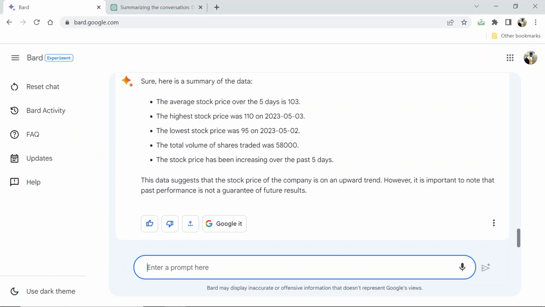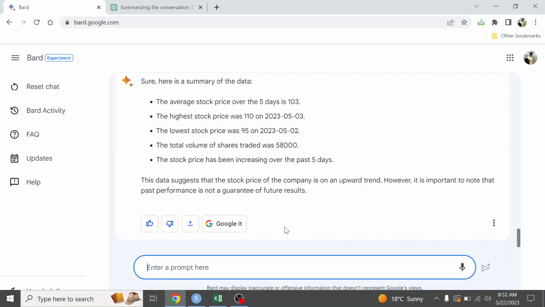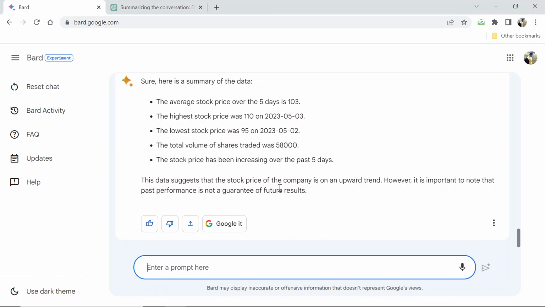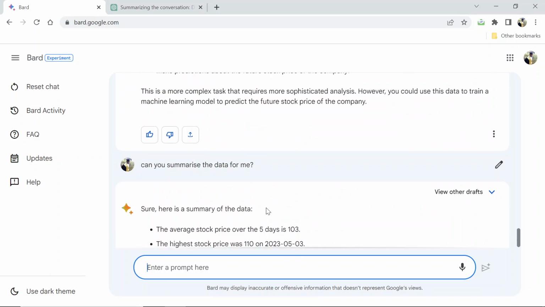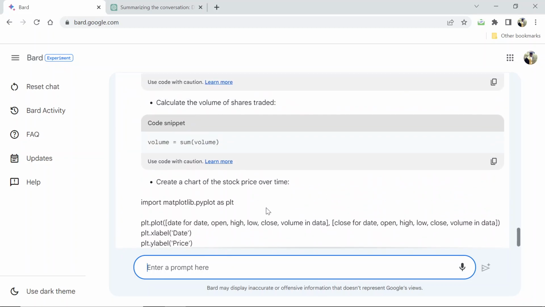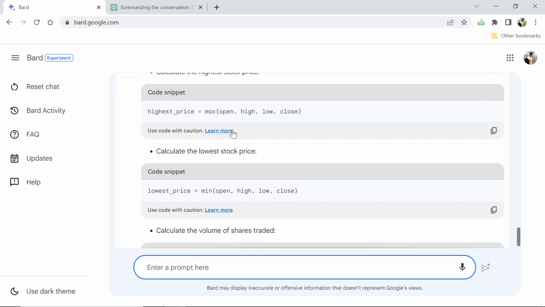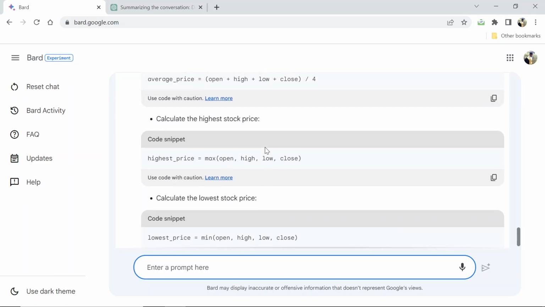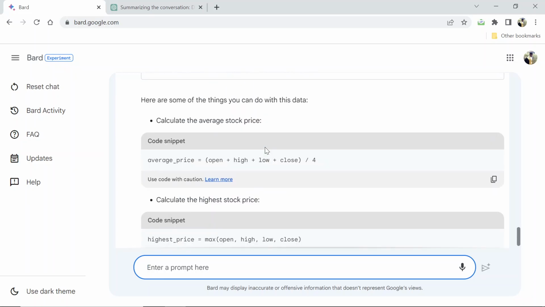Let me just stop here. What I wanted to show you is these chatbots can help you a lot, but you are not going to believe everything they give you, as sometimes they get confused.